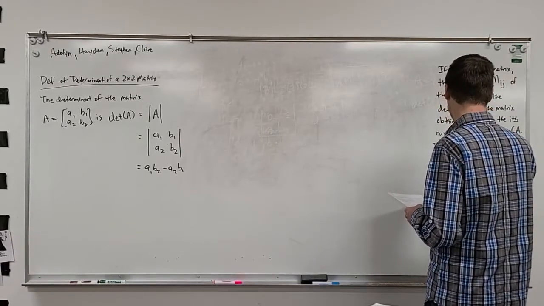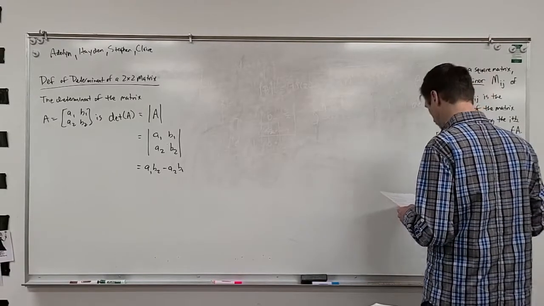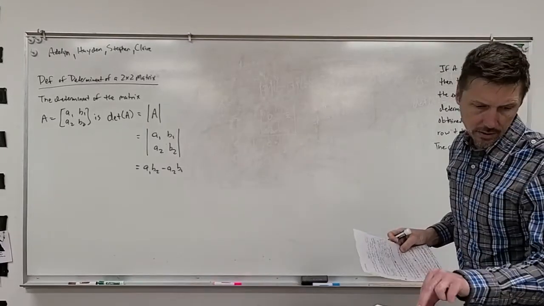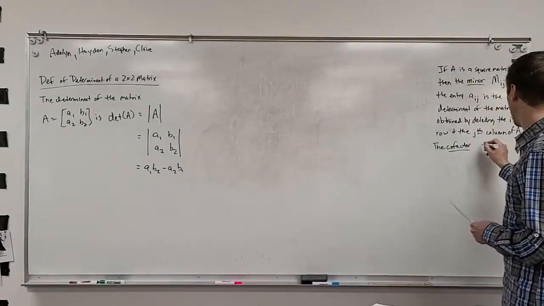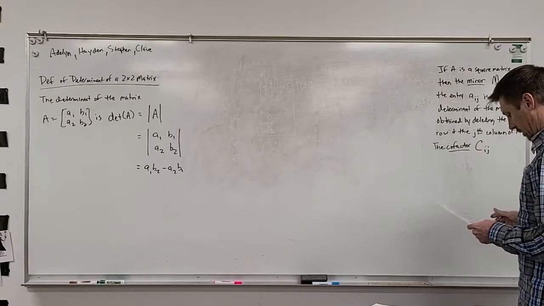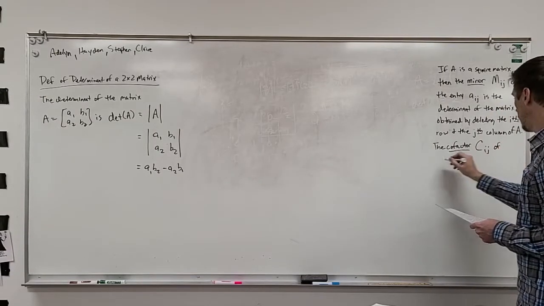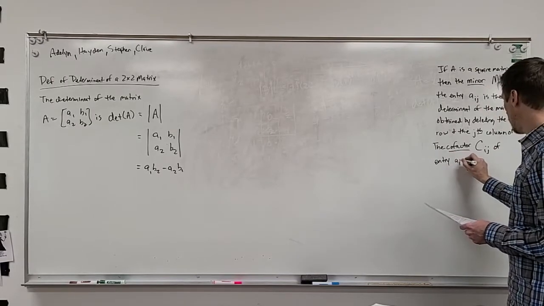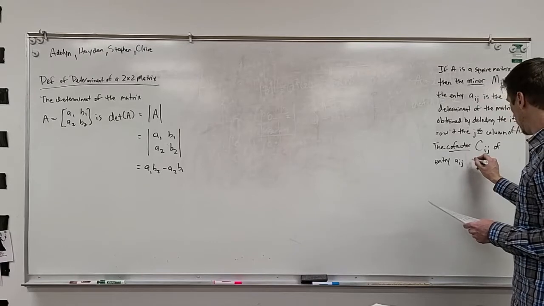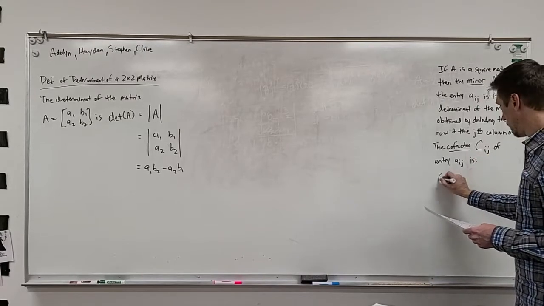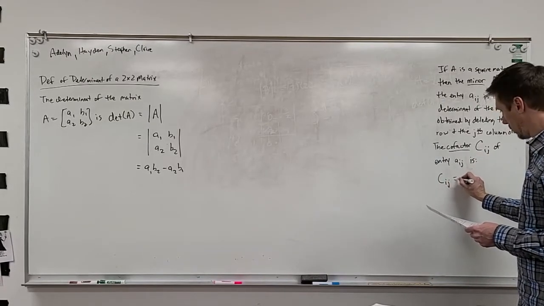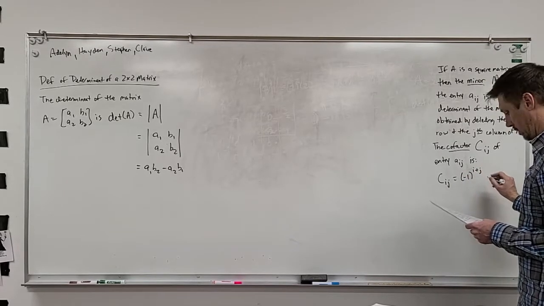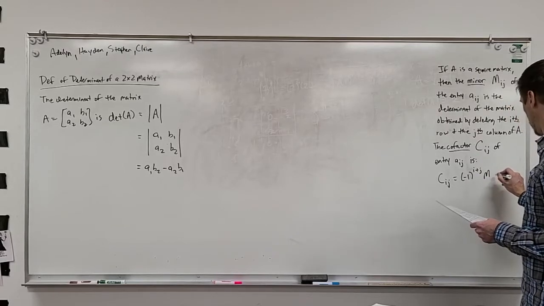The cofactor, the other concept we need to be familiar with, the cofactor C, is that a little c or a big C? It's a big C. The cofactor C_ij of entry A_ij is C_ij equals -1 raised to the power of i plus j times M_ij.